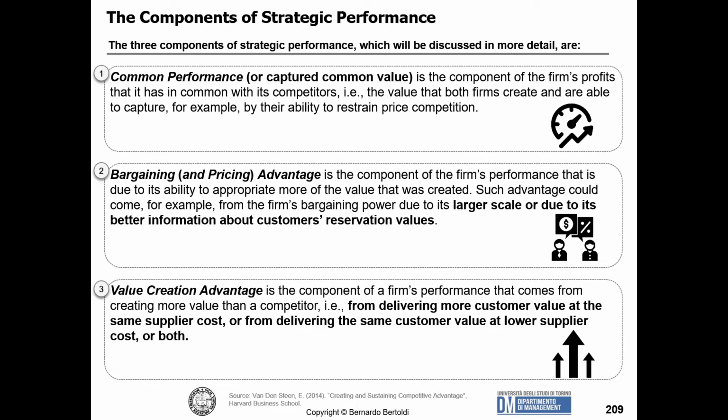The first one is the common performance. The common performance is industry-wide. What does it mean? You and your competitor, on average, are getting some value. Why? Because you are able to compete all together, and as a group, you create some value, and everybody joining the group is getting that common value.